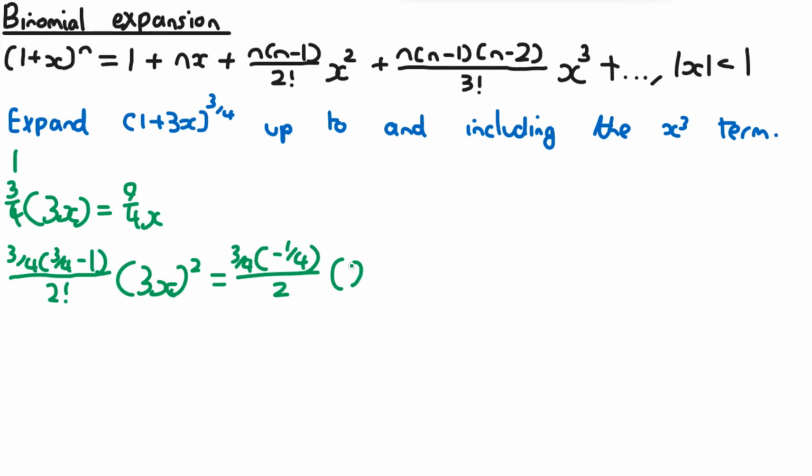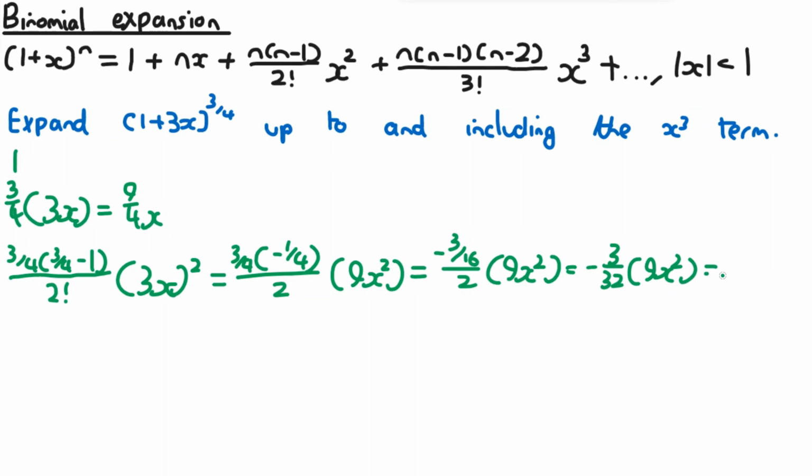This is multiplied by 9x squared, because 3 squared is equal to 9, and we can simplify this to minus 3 over 16 over 2, and then 9x squared. Then this is equal to minus 3 over 32 of 9x squared, which is equal to minus 27 over 32 x squared. So this is the x squared term.